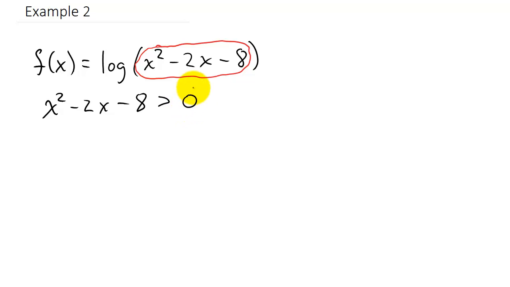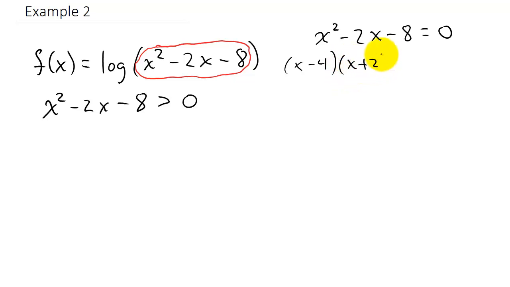So now we have this quadratic inequality we have to solve. To do that, we want to take the quadratic and set it equal to 0 and solve. To solve this, we have to factor, so we get x minus 4 times x plus 2 equals 0.